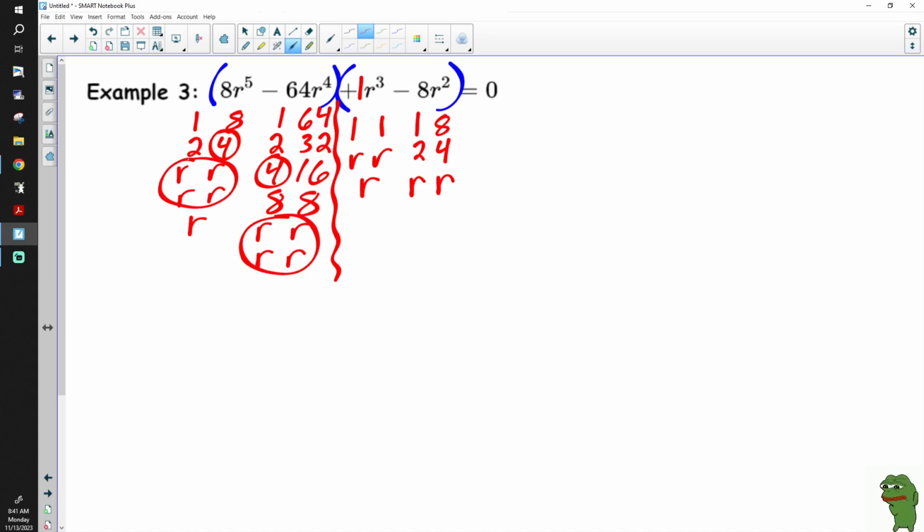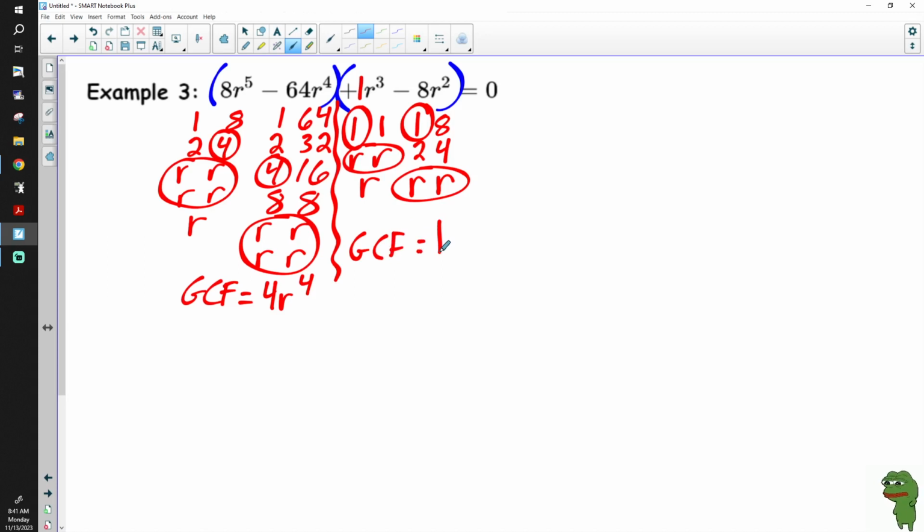So the GCF is 4r to the 4th. My second one, my GCF is 1, and I can take away 2 R's. My GCF is 1r to the 2nd.